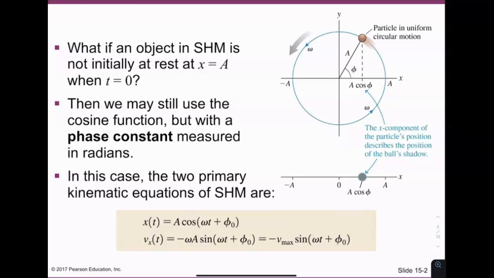Note in the figure that the x component of the particle's position describes the position of the ball's shadow, as shown in the previous slide.